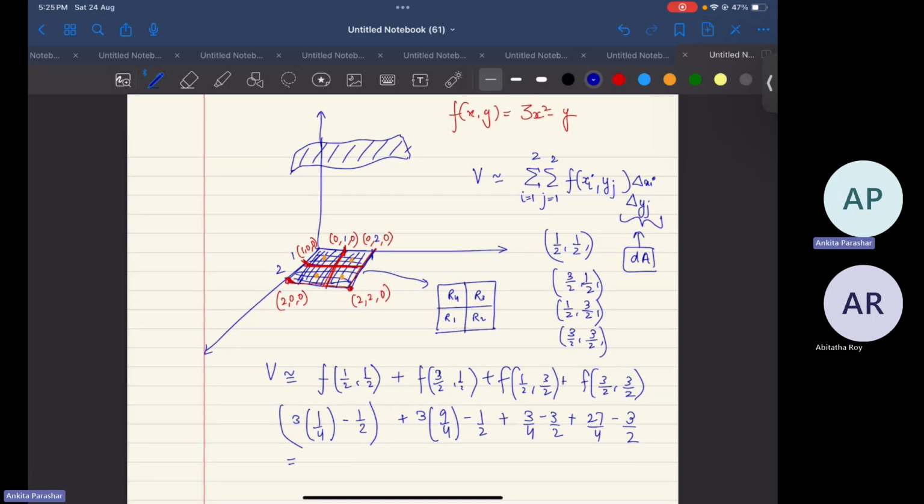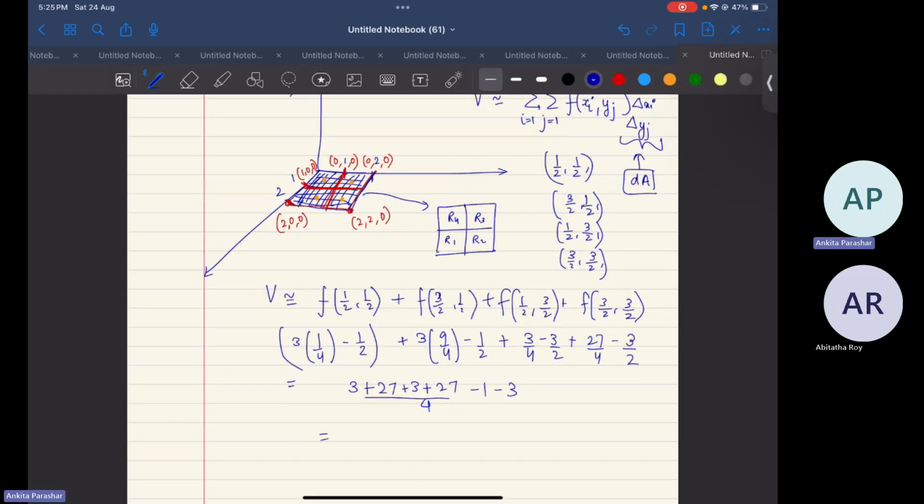Alright, let's solve: 3 plus 27 plus 3 plus 27 by 4 minus 1 minus 3. This is 6 plus 54 plus 6 by 4 minus 4.